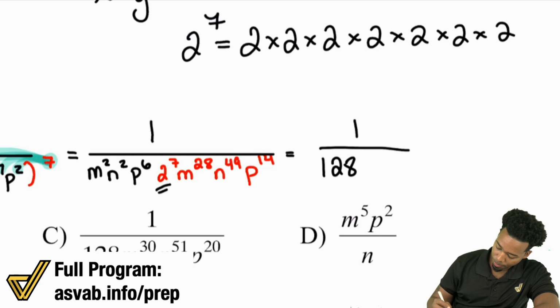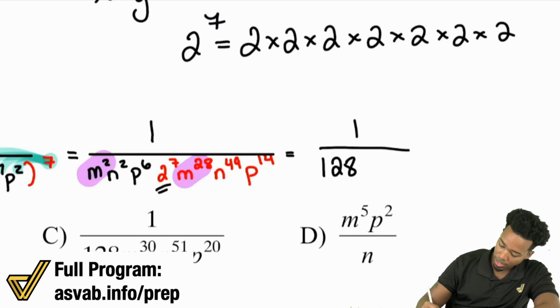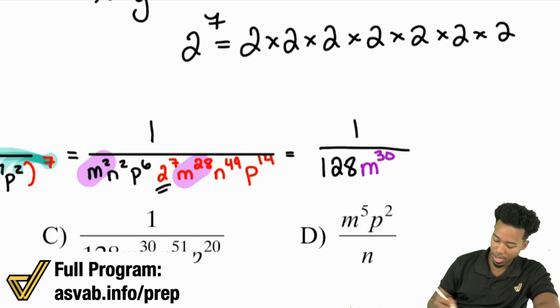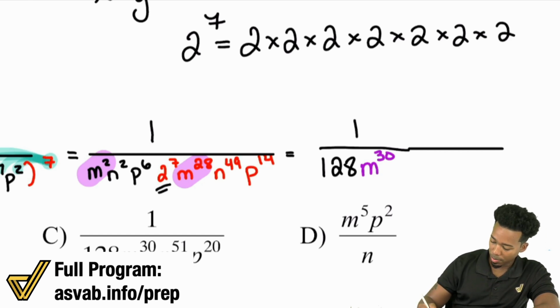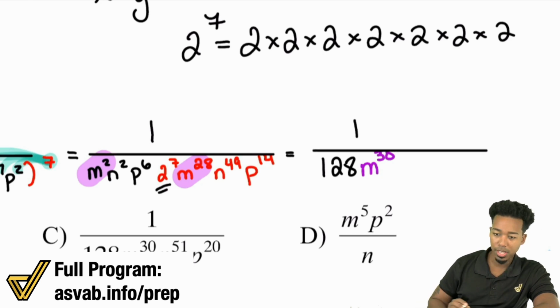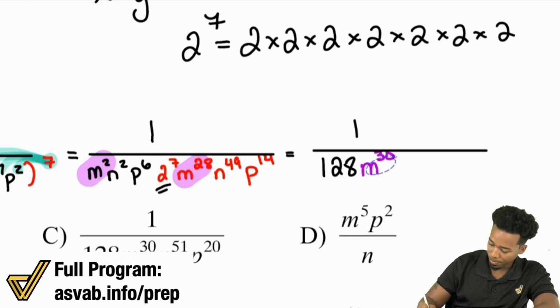And then we see that we have m squared there, m to the power of 28 there. So that's going to be adding those exponents, m to the power of 30. Again, the product of powers law, add those exponents. So with that, let me go ahead and help my party people with OCD. There we go, make that nice and straight for you, nice and easy.